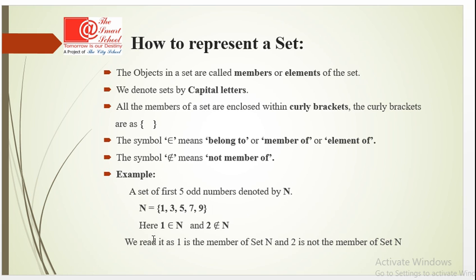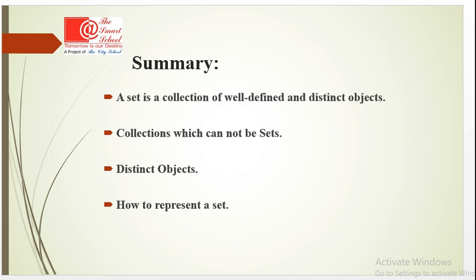Now here we can say 1 is a member of set N and 2 is not a member of set N. So I think you must be clear about all this concept.